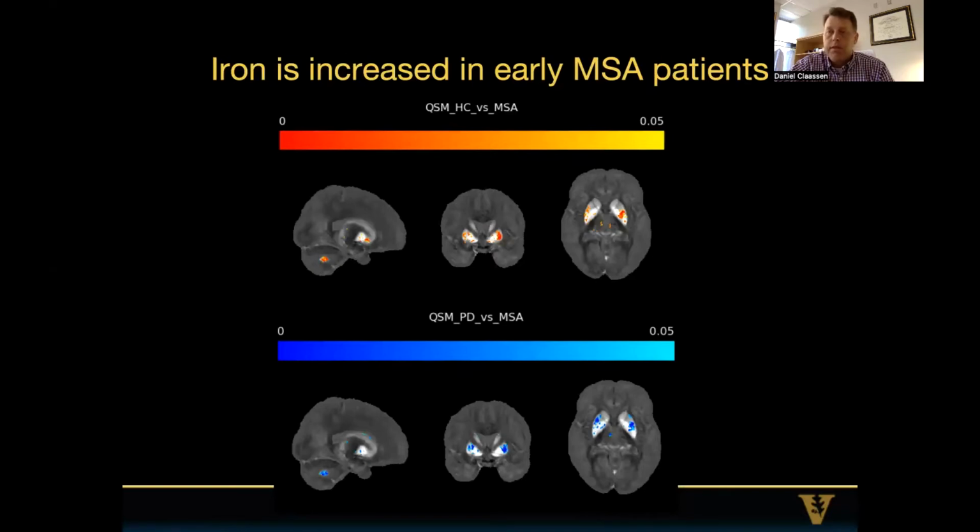Is it part of the disease? Is it a byproduct of the disease? Is it just an incidental finding? And so that's one of the big outstanding questions in MSA. And hopefully, if we have trials that can modify the iron and test whether or not changing the iron changes the progression of the patient, we'll be able to answer in part that question.